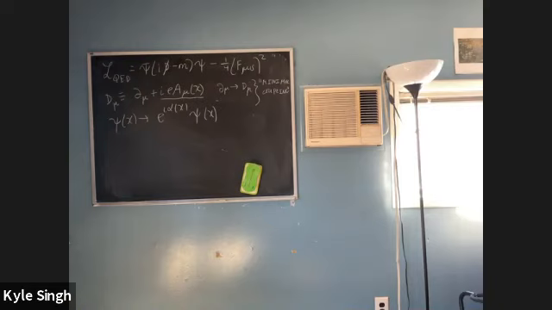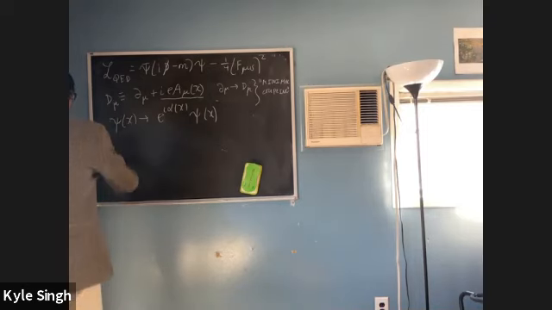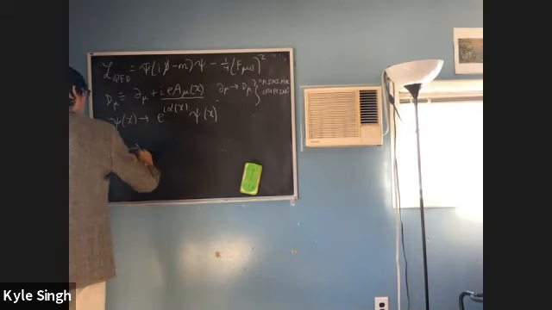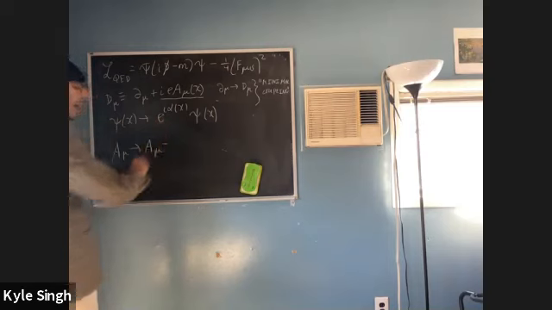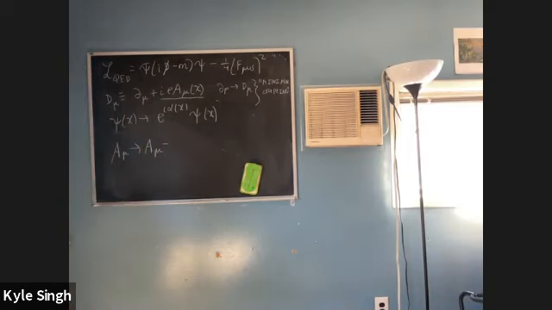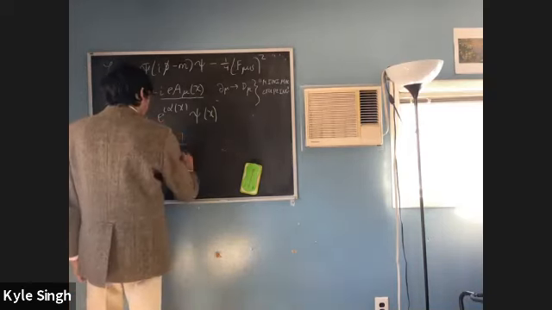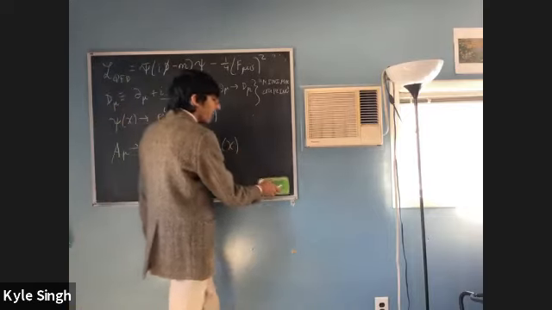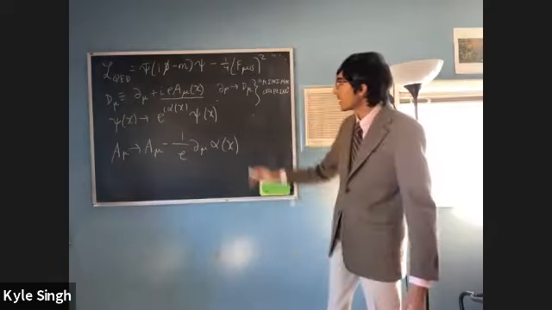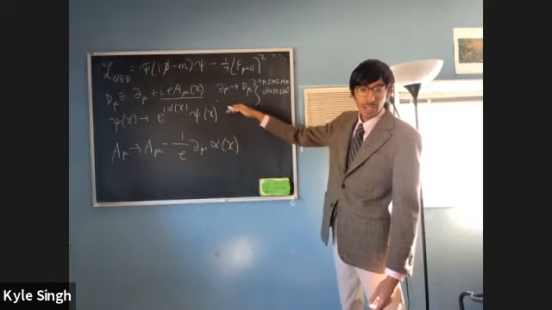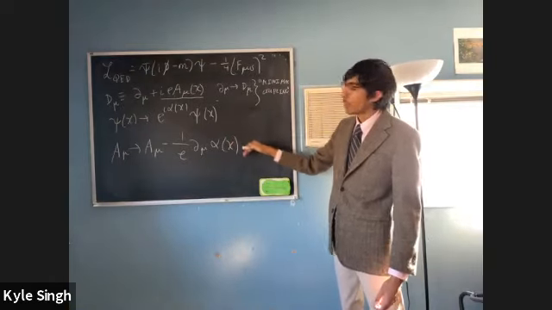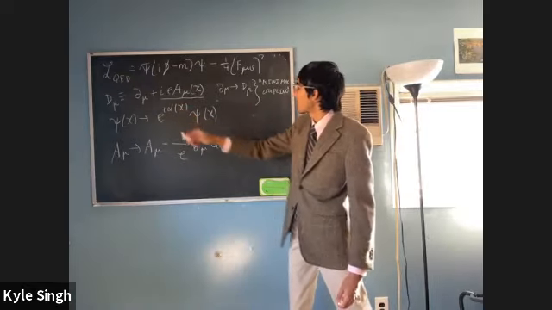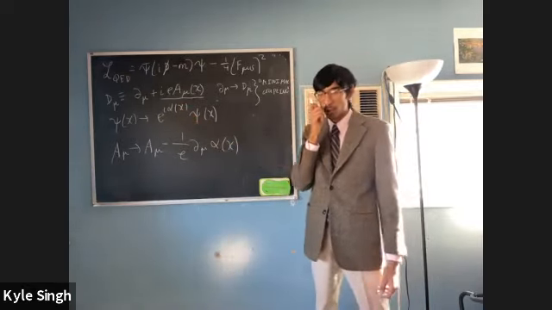That's what I always like to say. And then we have our gauge field go to A mu minus some extra trash, 1 over e del mu alpha of x. So you should immediately recognize that these transformations are local gauge transformations. They're just local phase rotations in space because of this parameter alpha of x.